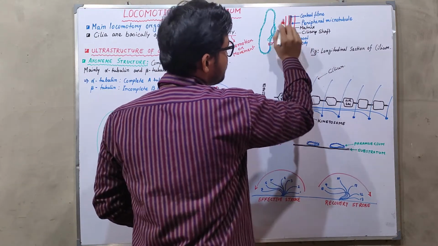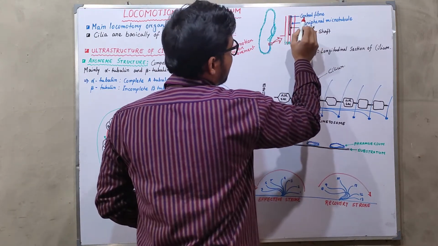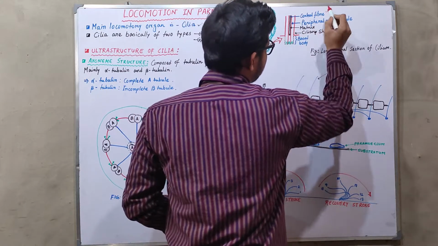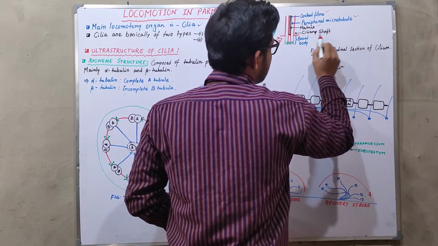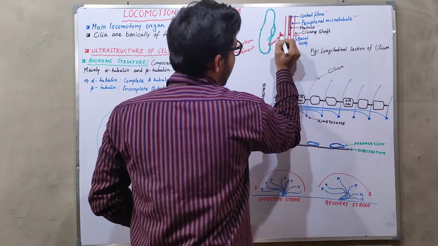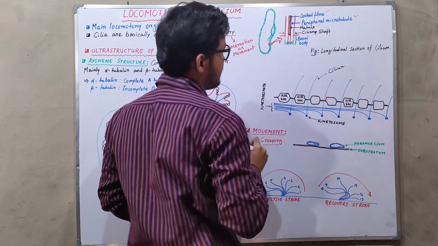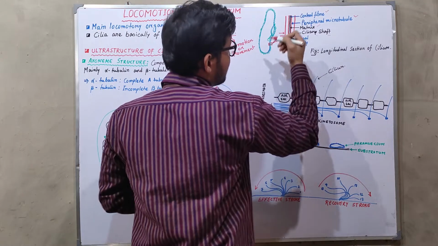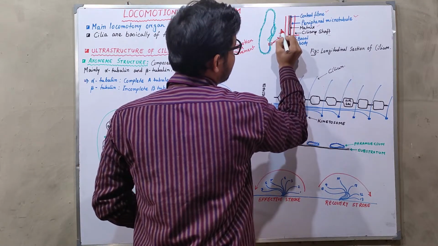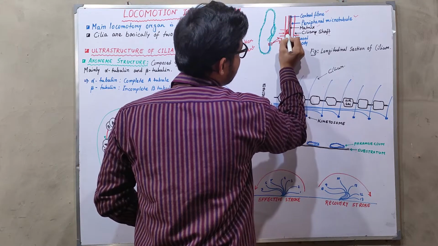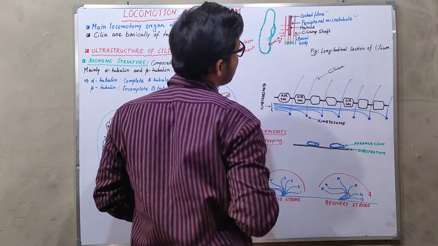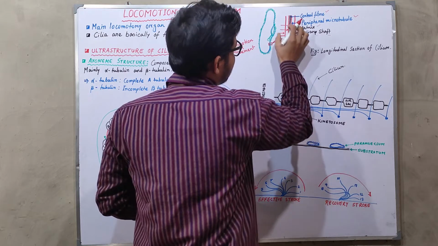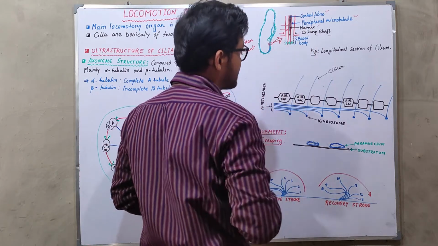Then there are the central fiber, the peripheral microtubule, the matrix, and the ciliary shaft. The outer covering is the ciliary shaft, inside it the peripheral microtubules are present, and at the innermost layer there is a central fiber. All together they form the structure of cilia.